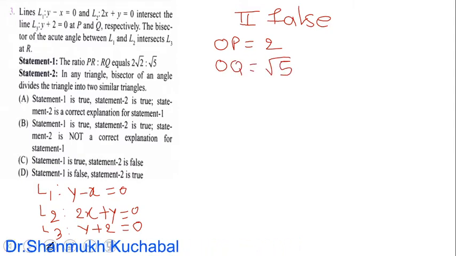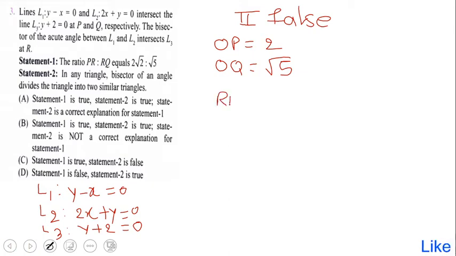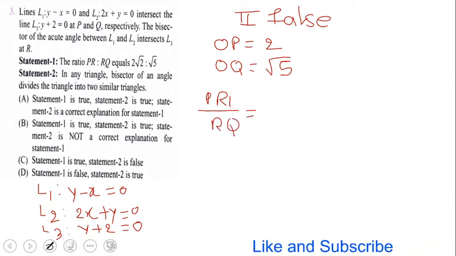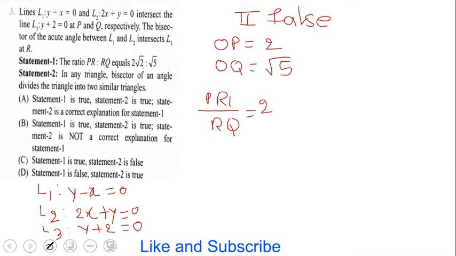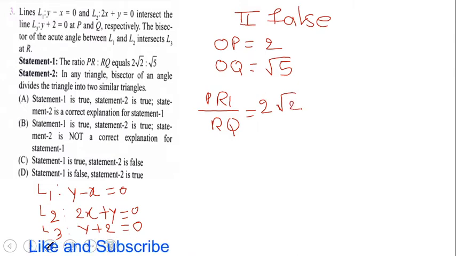So using the distance formula we can write it. Then further, it is given that PR divided by RQ equals 2 root 2 divided by root 5.